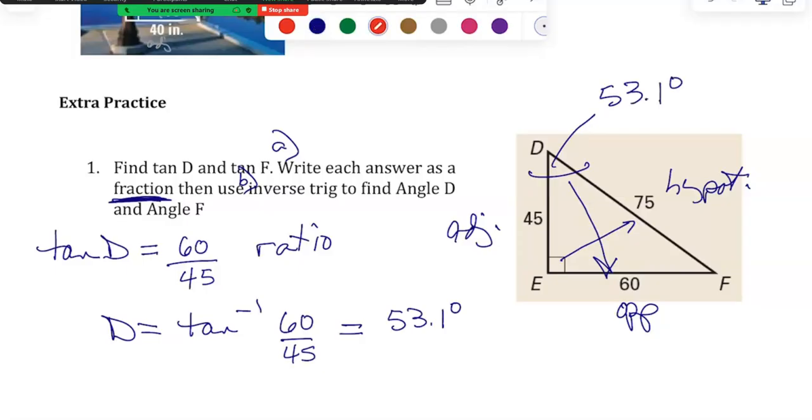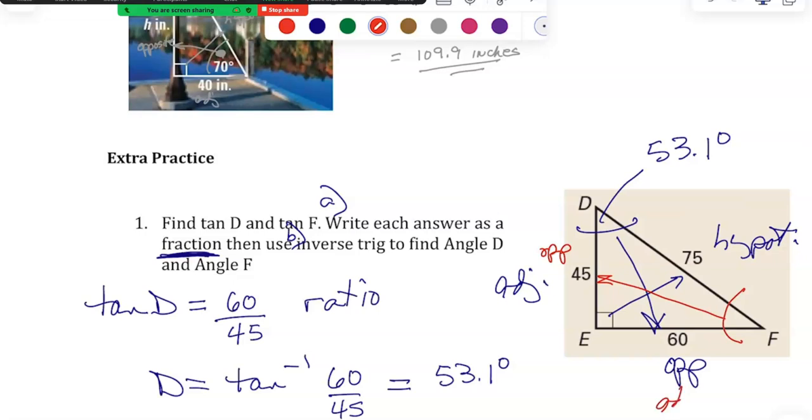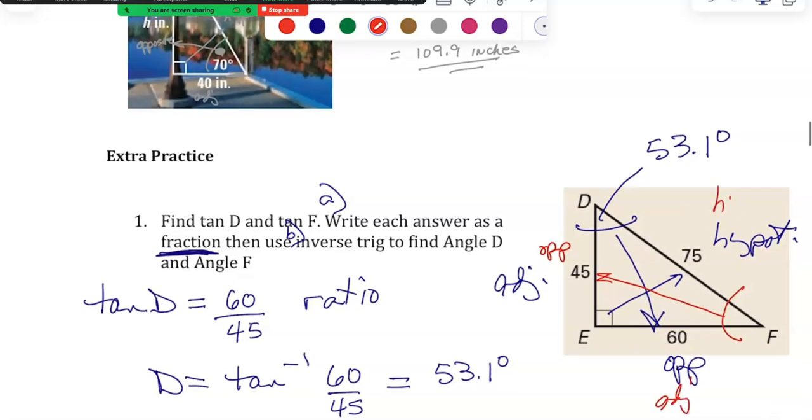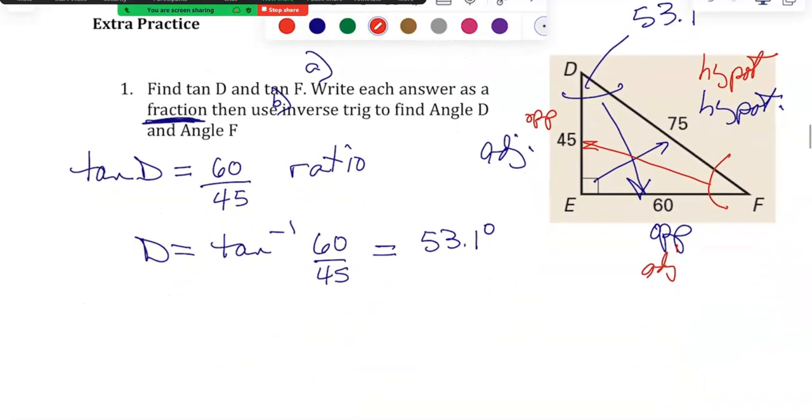I'm going to change to red now, and we're going to deal with angle F. From angle F's perspective, this is the opposite, and this is the adjacent. The hypotenuse does not change. It is always going to be across from the 90-degree angle. So I'm going to put a line right here, and let's do the red.